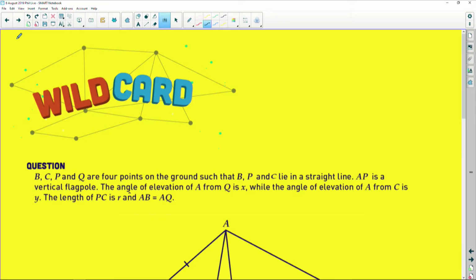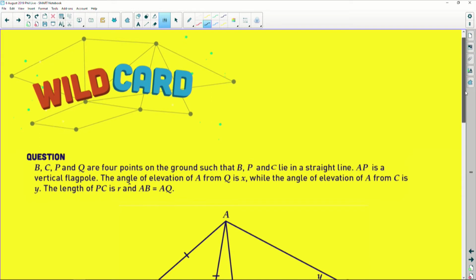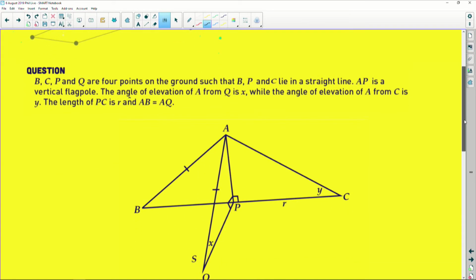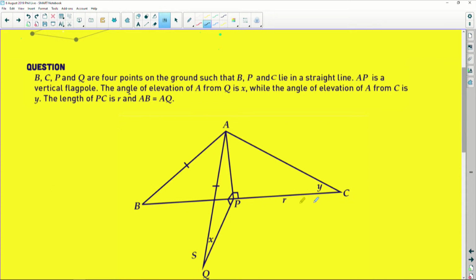B, C, P, and Q are 4 points on the ground such that B, P, and C lie in a straight line. So they're all on a flat plane and they all lie in a straight line. AP is a vertical flagpole, which is why there are right angles over here.